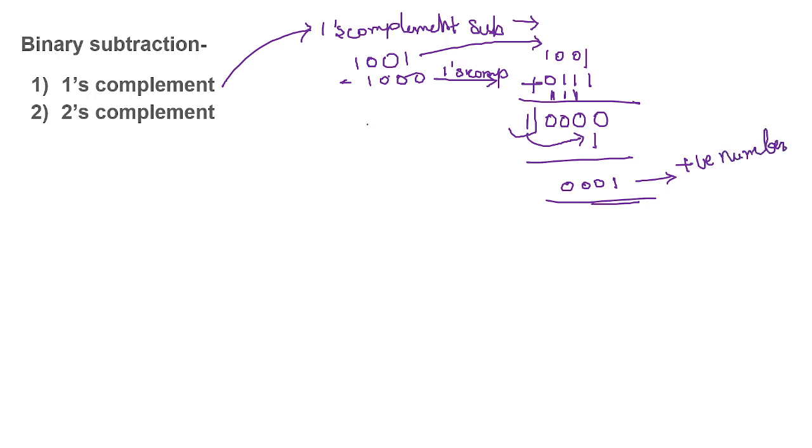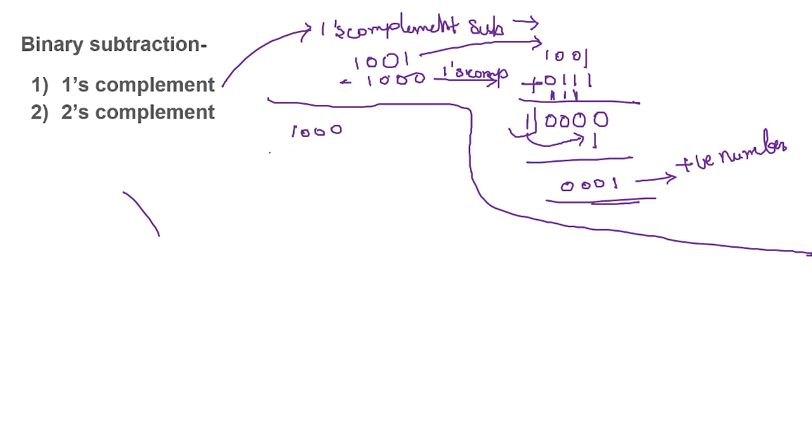And one more example. Let us take the number such that we obtain the result to be negative. So 1000 minus 1001, that is 8 minus 9. So for this I have to take 1's complement.